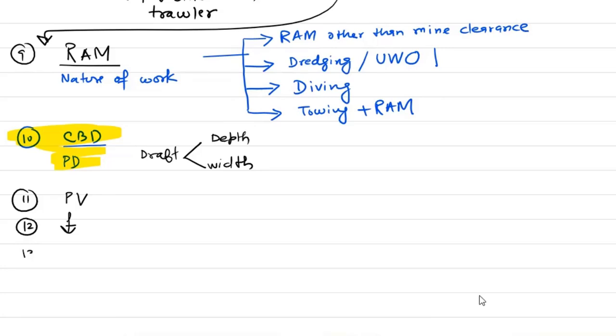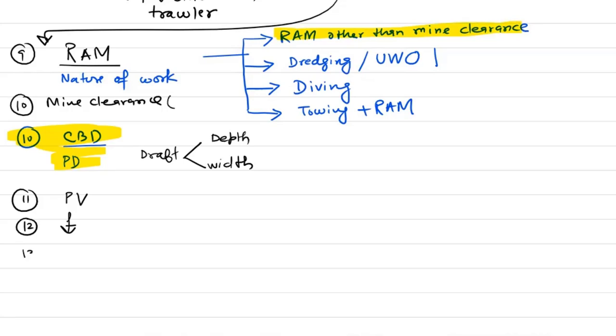Okay, here I think I have missed out something. Actually these RAMs are other than mine clearance. So number 10, we can clarify as mine sweeper or mine clearance. Although this is also a category of RAM, the RAM lights here are for vessels other than mine clearance, and these dredger, diving. So number 10, mine clearance vessel, is separate.